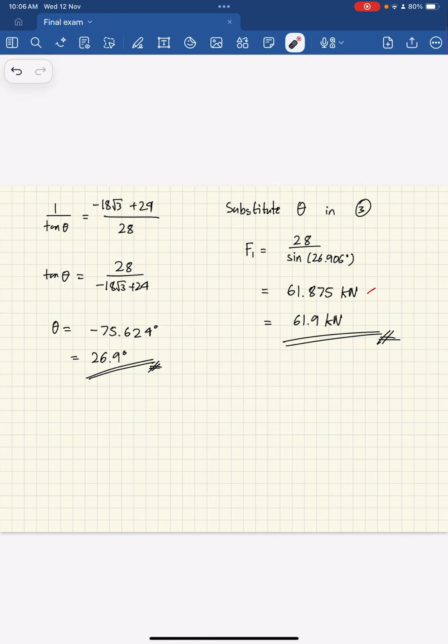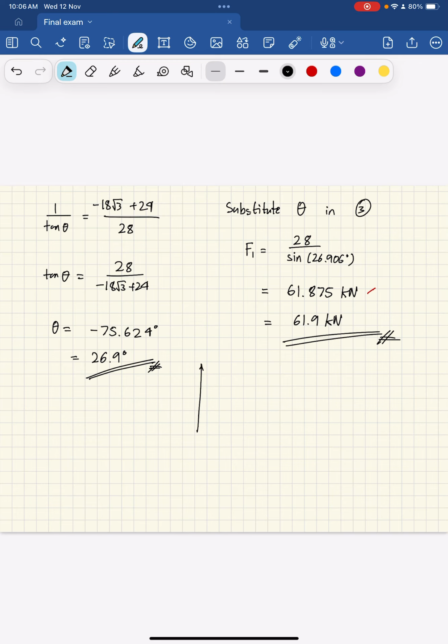So negative, I think, in this case 90. So 90 minus 75.624 be this one. So the correct way actually is that if you have a force here in x-axis, and this is your F1, right? And when they say negative, that means it's measured clockwise actually. So 75.624 degrees.